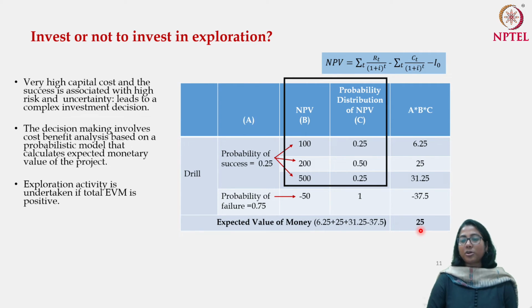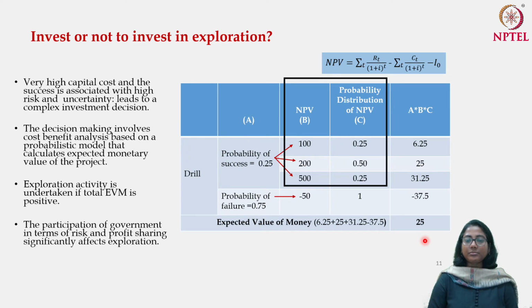Now in this case, we see that the expected value of money, which is equal to 25, is positive. So your expected gain is actually greater than your expected loss. If you get the expected value of money to be positive, then it's wise to take the decision in favor of investment. However, it's not the only criterion, but this is the first step where you begin.